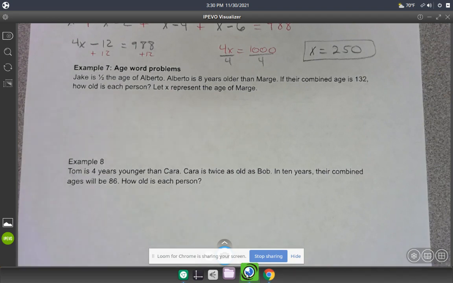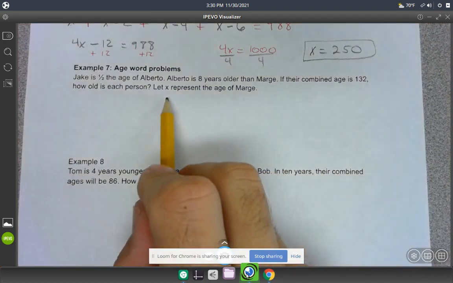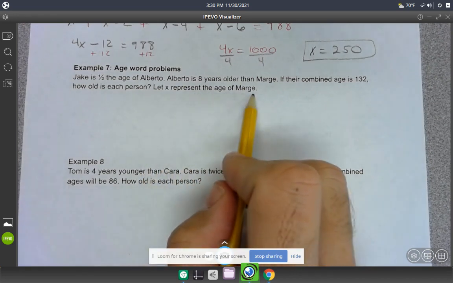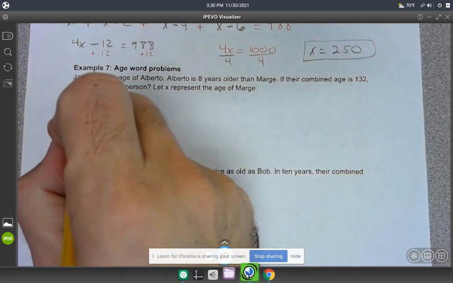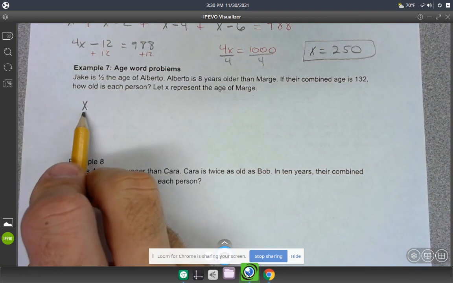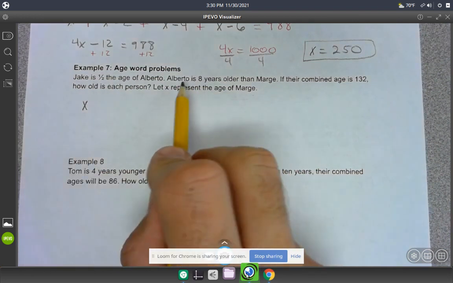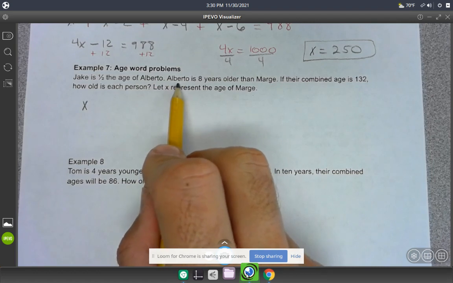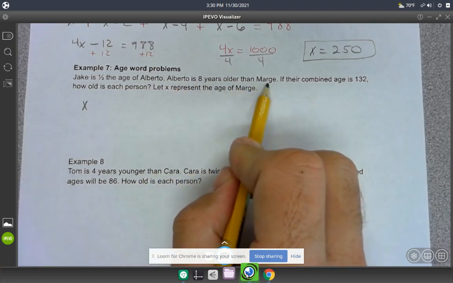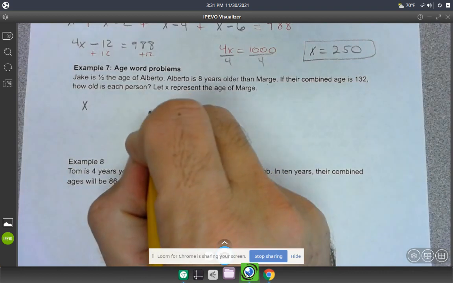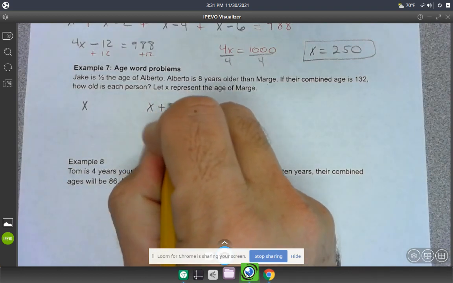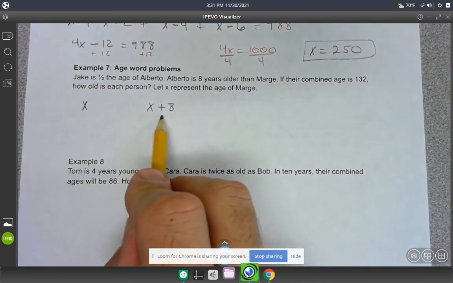Okay. So it says here, let x represent the age of Marge. So if this is how old Marge is, then Alberto is going to be 8 years older than Marge. So Alberto would be x plus 8. That would represent Alberto.